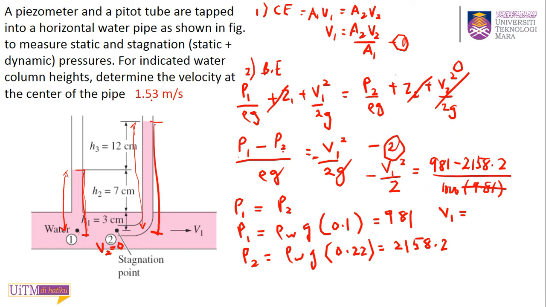Did you get 1.53? Yes, sir, 1.53 meters per second. Okay, so that's why you need to be careful. I made a mistake. When I bring P2 to one side and V1 to the other side, I should put a negative here.